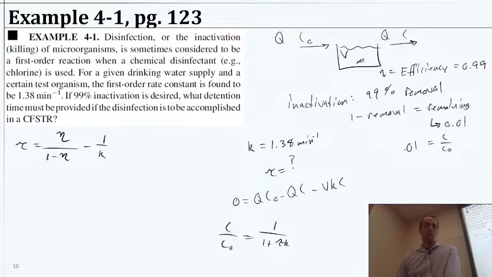But we can do it, right? So that's 0.01 equals all that. But this one's probably a little easier on the calculator, so we would say that's 0.99 over 1 minus that, 0.01, minus 1 over 1.38 per minute.